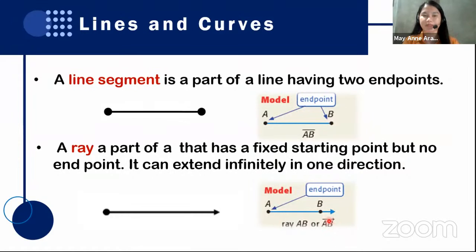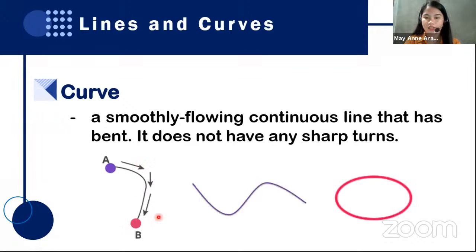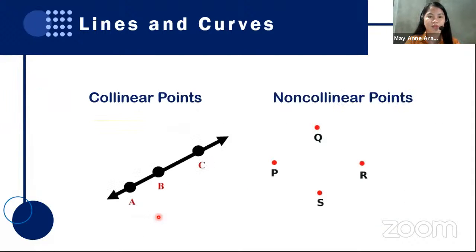The curve is a smoothly flowing continuous line that has bends. It does not have any sharp turns. For example, we have this, and this one, and this one. We also have collinear points, I mean the points that lie on the same line.